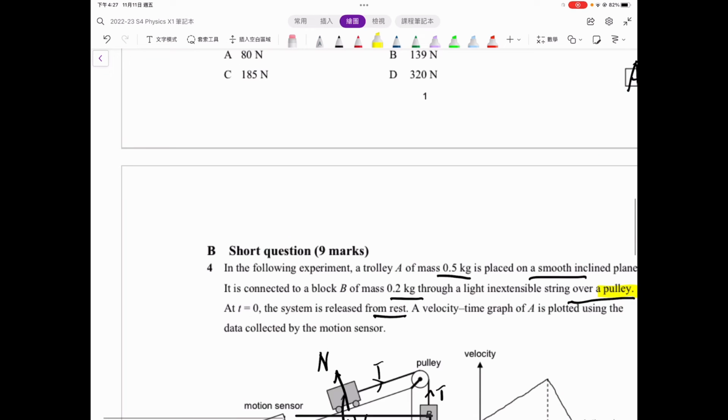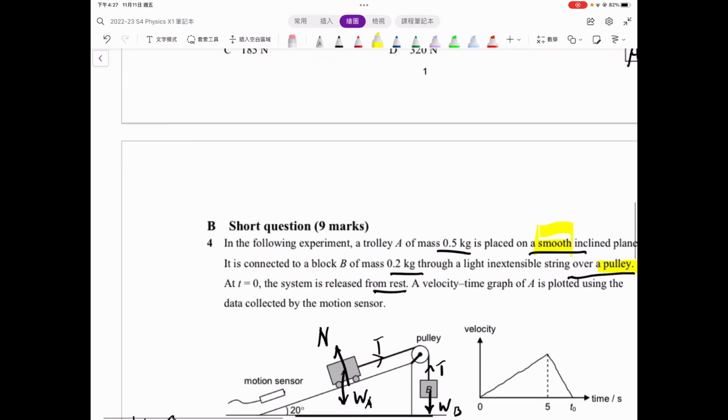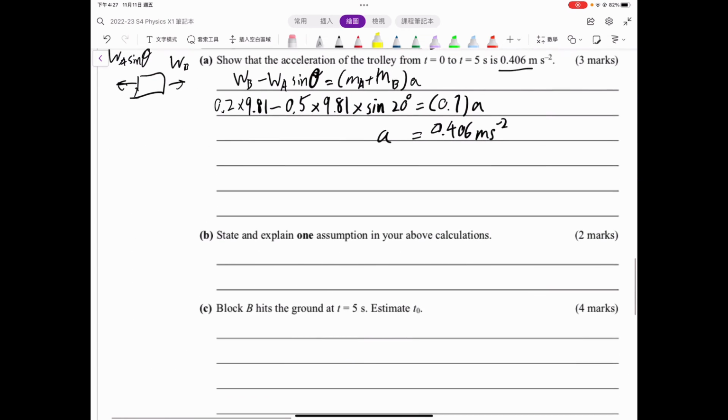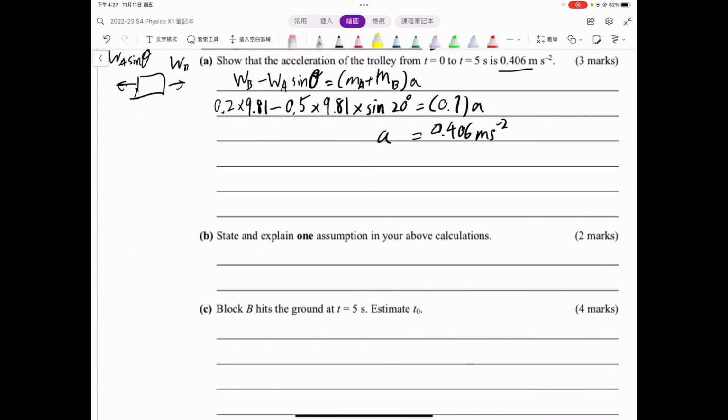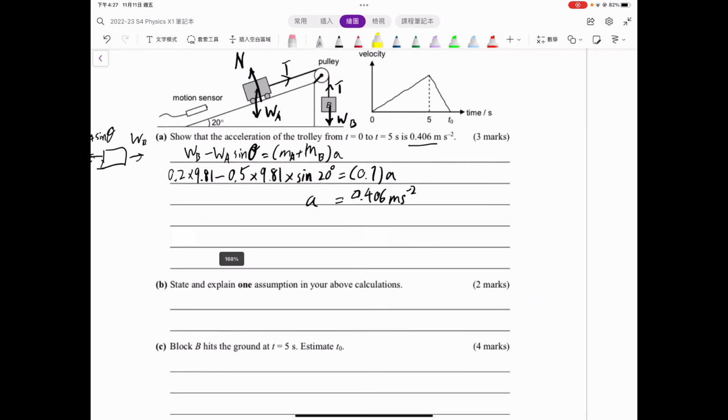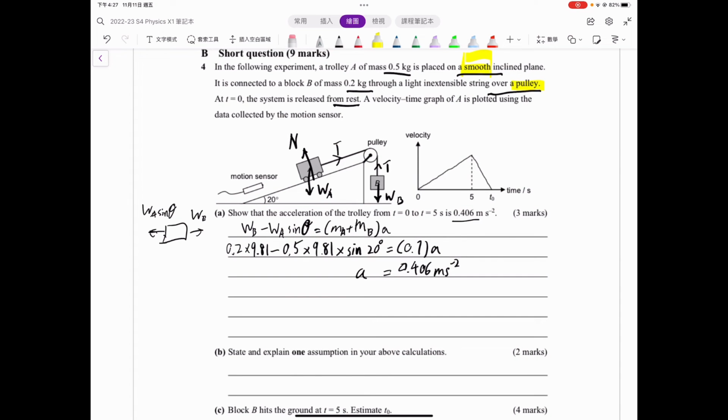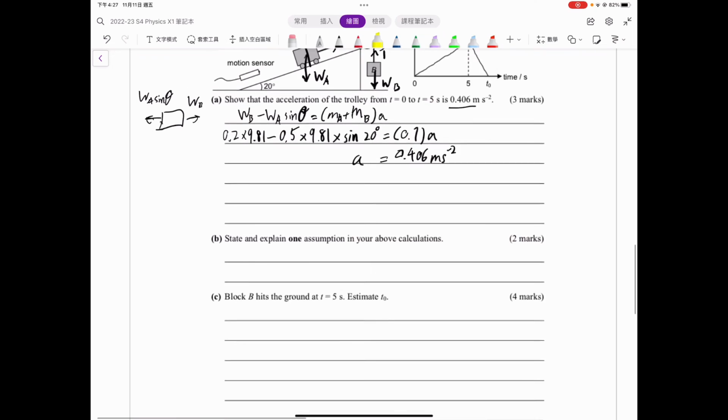Some of you said friction, but it's already stated that it is a smooth surface, so no need. However, because the question does not state that the pulley is smooth, in your calculation you have assumed that there is no friction coming from the pulley.